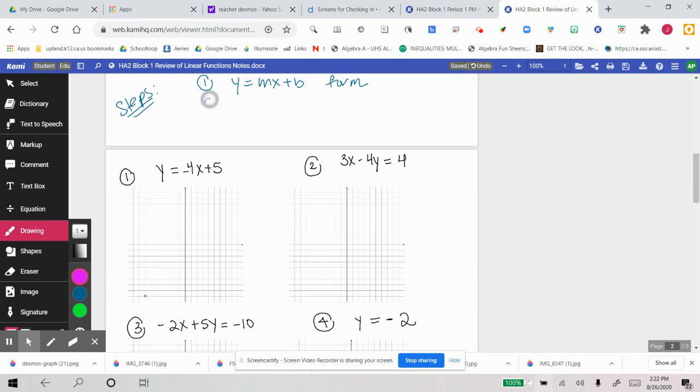Second thing you want to do is identify what b is. Remember, that's your y-intercept. And the next thing you want to do is identify what m is. And m is your slope. It's your rise over your run.